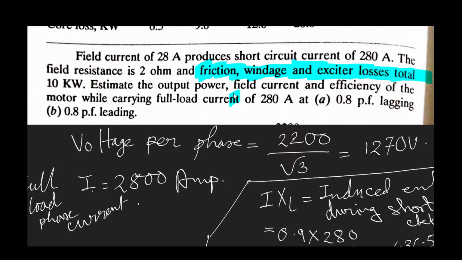Core loss has a direct connection with your induced EMF. It has nothing to do with your terminal voltage. Although higher terminal voltage means higher induced EMF, that has no direct relation.